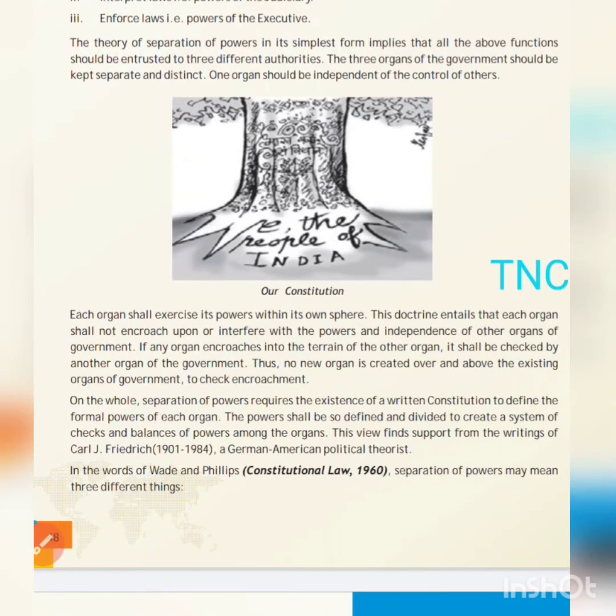So for monitoring, we don't have to form any new organ of government. Rather, the existing three will check what type of encroachment has taken place and how to curb it, how to stop it.